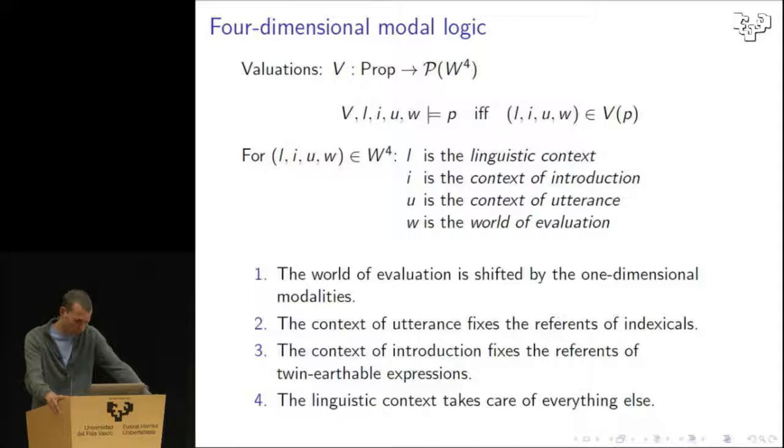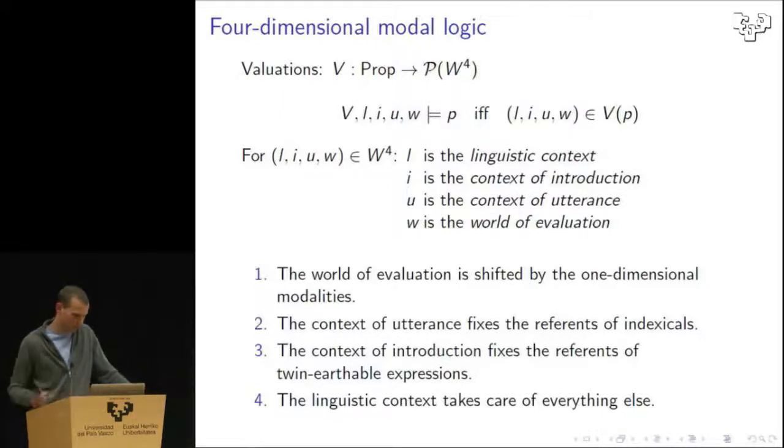It has the purpose that it's the one which is shifted by the one-dimensional modalities. This is as it was in all the interpretations before as well. And then we have 3 context dimensions. The first one of those is the context of utterance. This is actually Russell's terminology. This is the context which fixes just the reference for indexicals. And then we have the third dimension, which is the context of introduction. This is also Russell's terminology, and this one provides the reference to these twin-earthable expressions.